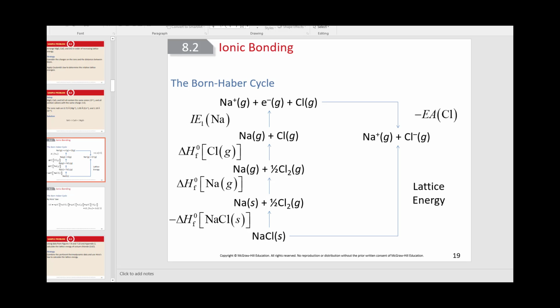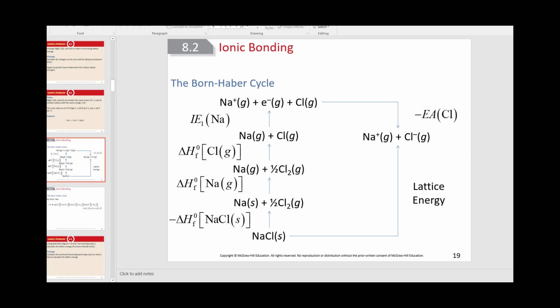Once we have the 2 separate elements, we're going to need to take that sodium solid and make it a gas. So that's the standard enthalpy of formation of sodium gas. And we're going to need to take the chlorine and go from Cl2 to just Cl gas. So that's the standard enthalpy of formation for Cl.